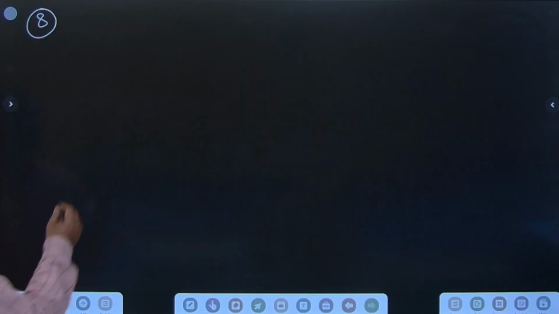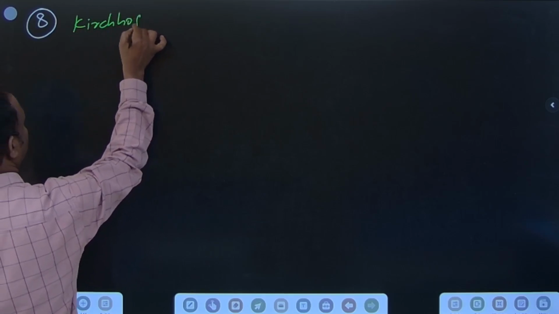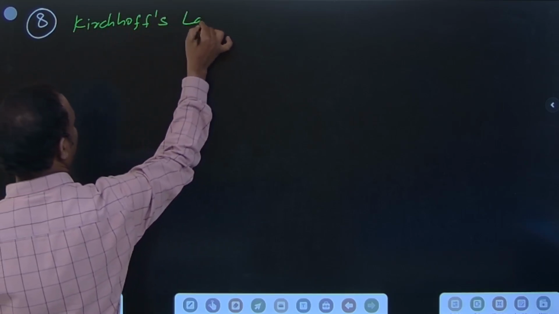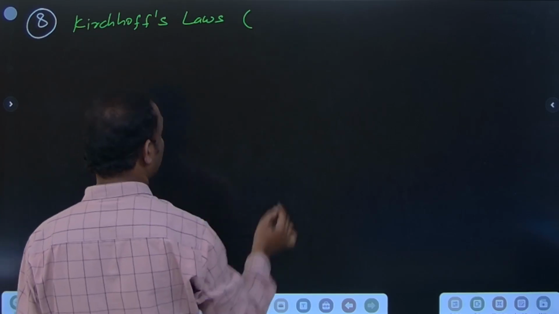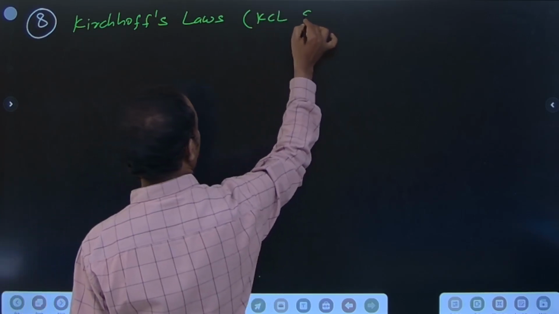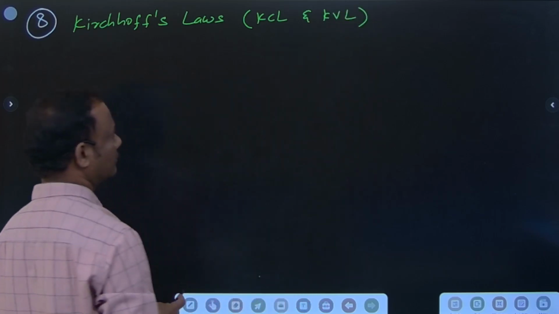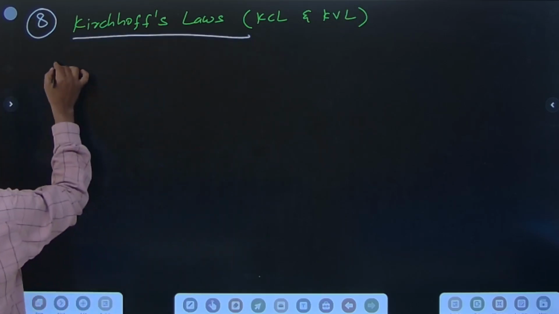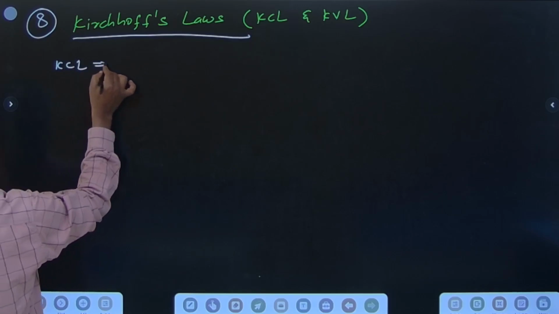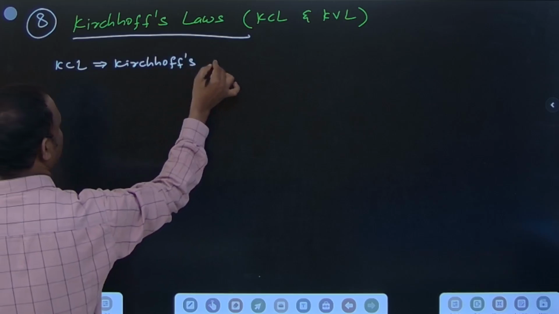Next is Kirchhoff's laws: KCL and KVL. For the first one, KCL, which is Kirchhoff's current law.